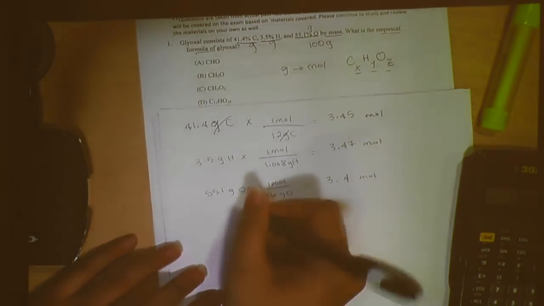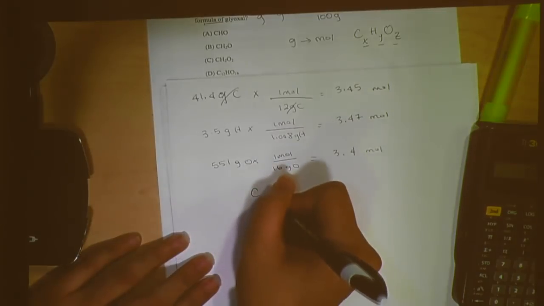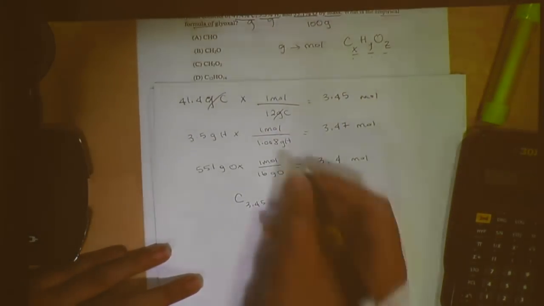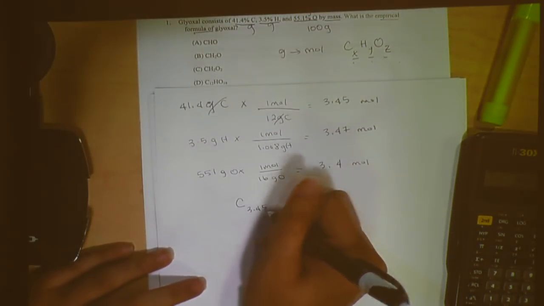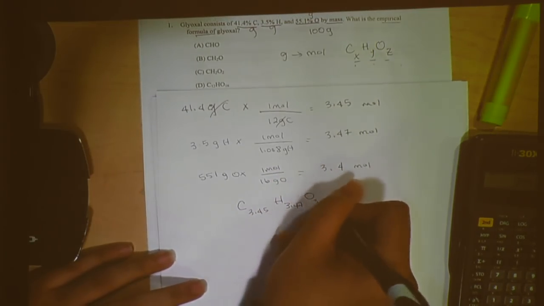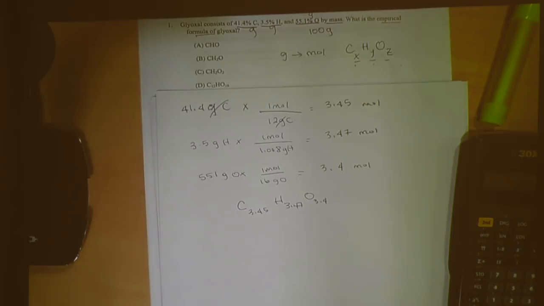So what happens is, you know that you have C 3.45. This is because x, y, and z are going to be the moles, right? So you have C 3.45, H 3.47, O 3.4. You're going to find the smallest value and divide all of them by it.